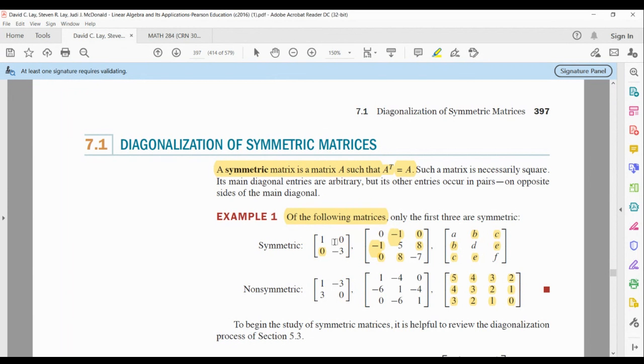We should be able to identify why matrices aren't symmetric as well, right?